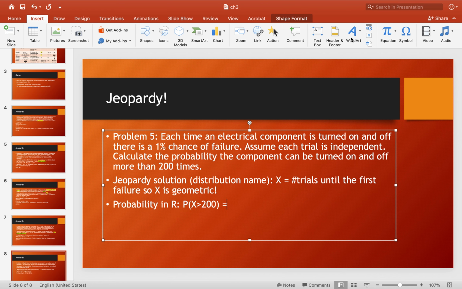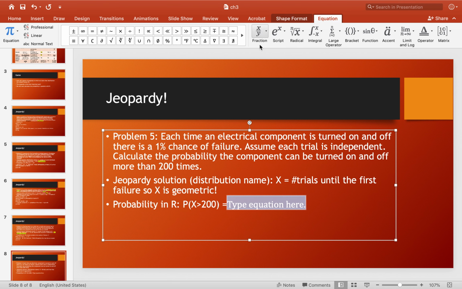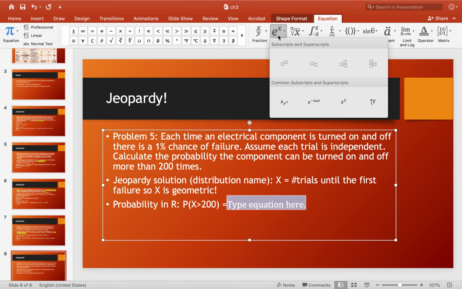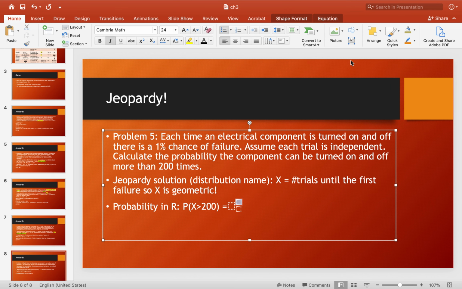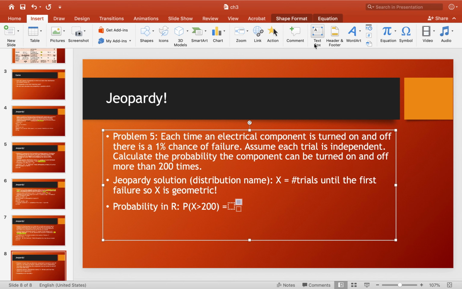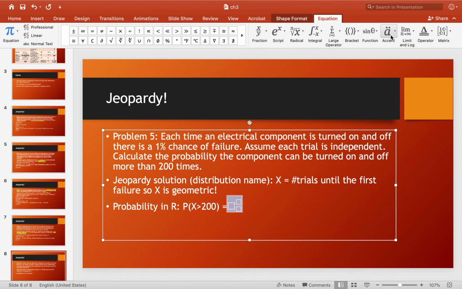So insert equation, and I'm going to do a script. I need a top and a bottom. And the first subscript, I need a nice infinity here.